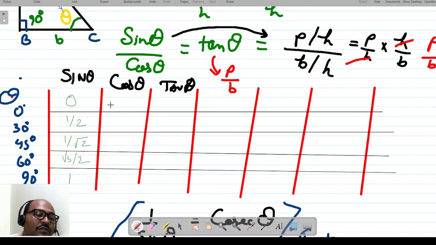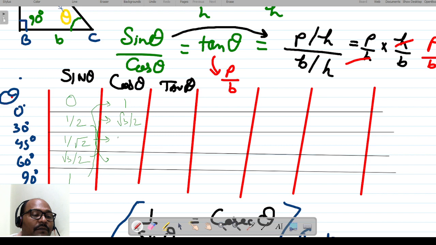Similarly, for cos, just go reverse to that. Sin 90 is 1, then cos 0 will be 1. Sin 60 is root 3 by 2, so cos 30 will be root 3 by 2, right?